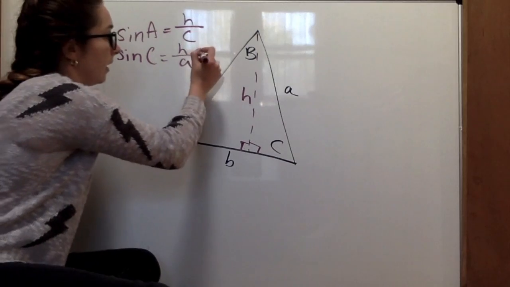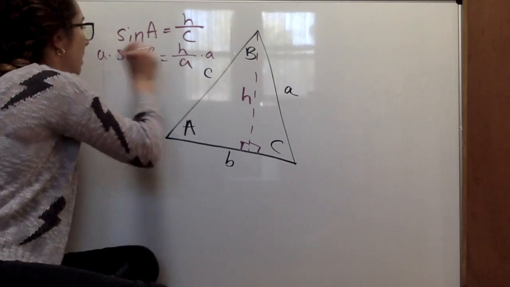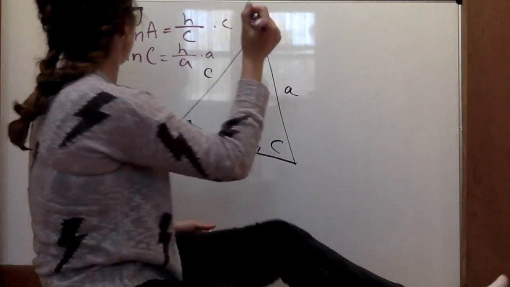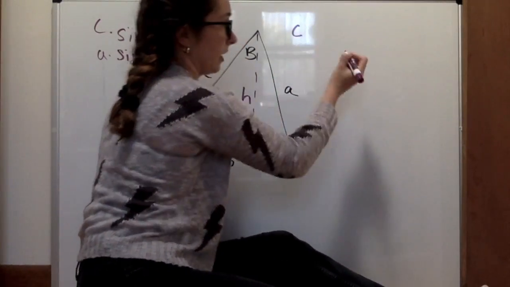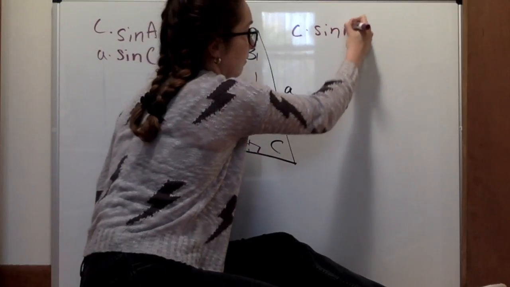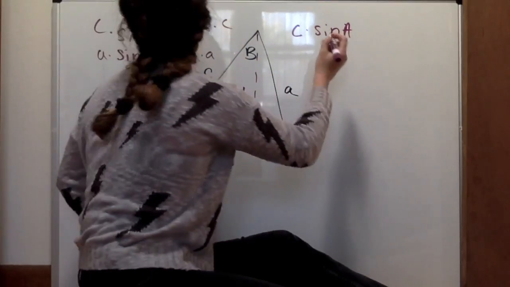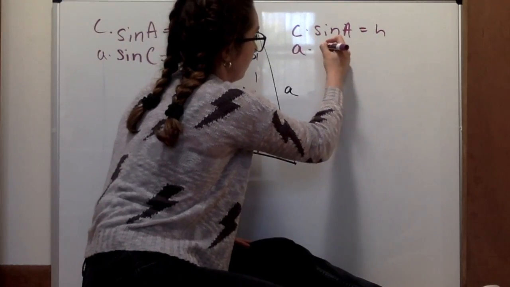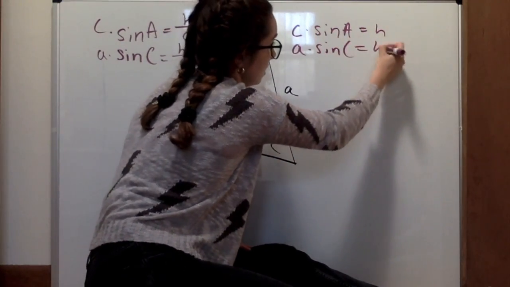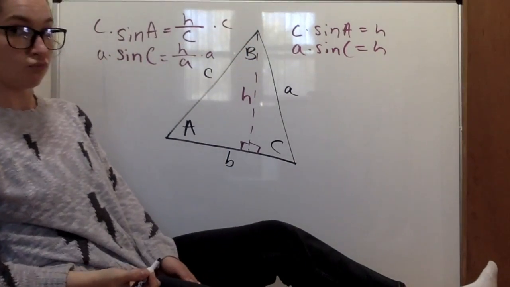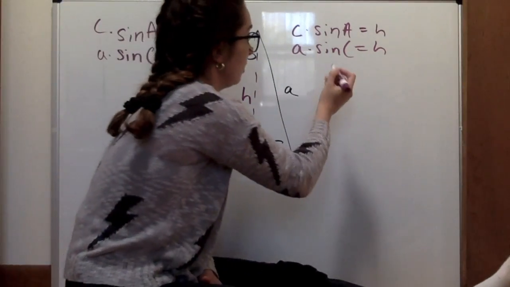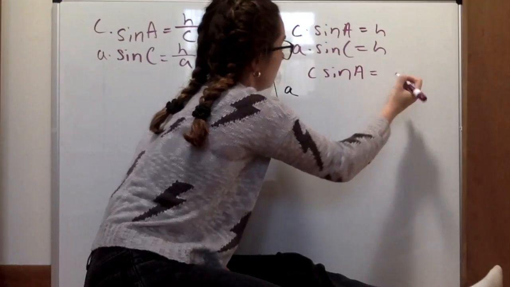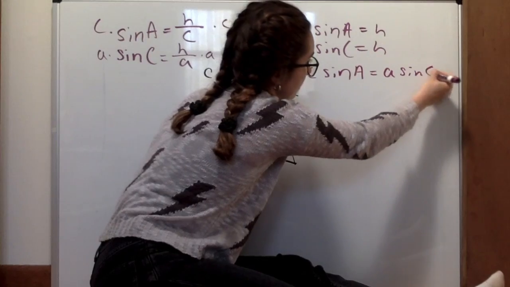So I can multiply by a on both sides, multiply by c on both sides in this top one, and then over here, I have side length c times the sine of angle A equals h, and I have side length a times the sine of angle C equals h. Now I can set them equal to each other and say that c sine A equals a sine C.